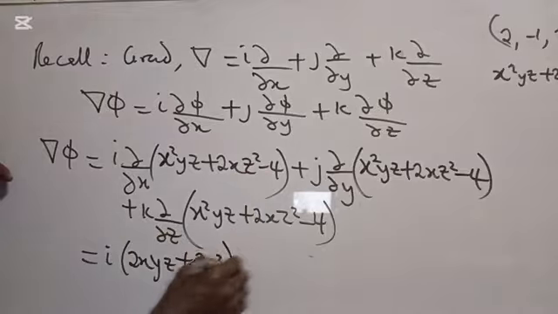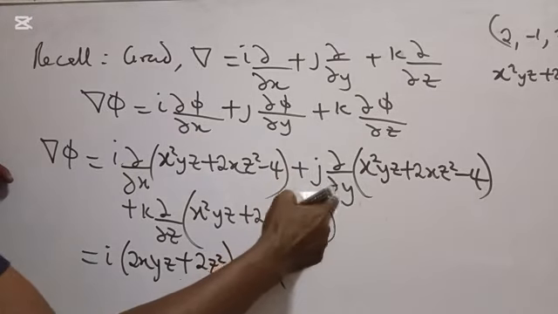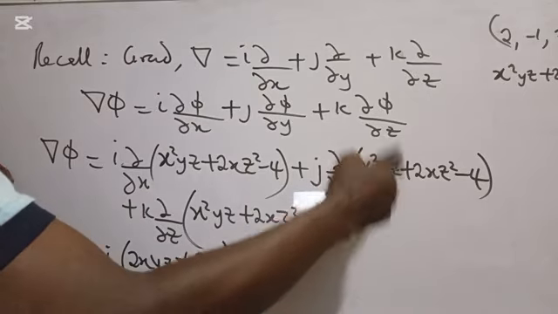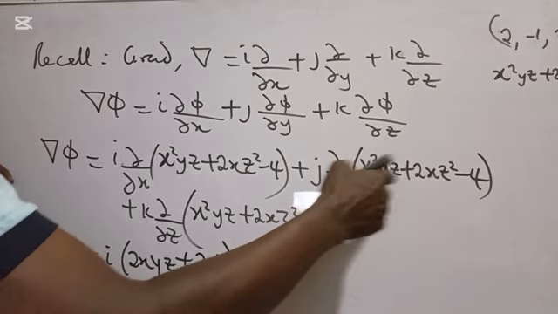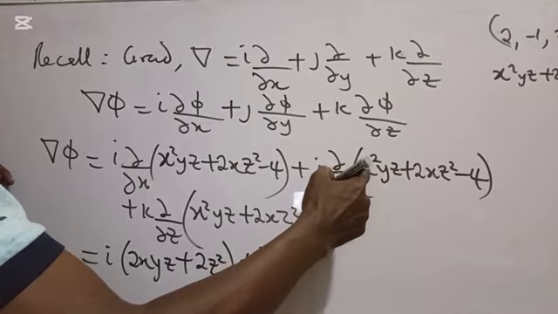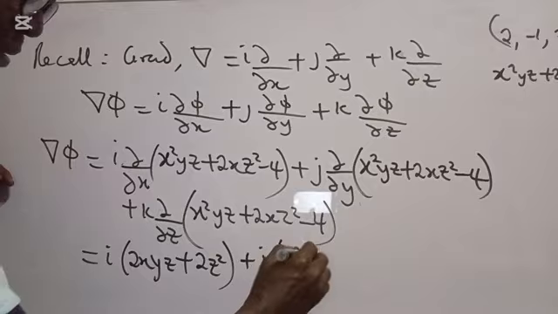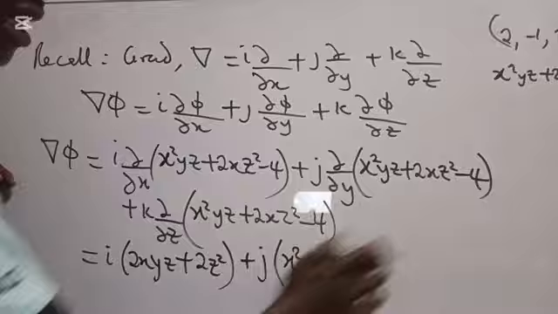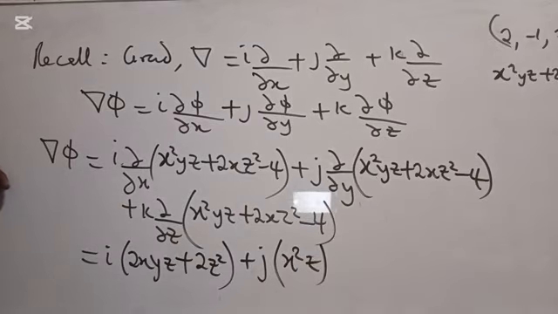Now plus j. I hope you are following. With respect to y, y will be 1 here because y is raised to power 1. When you differentiate y here, multiply the remaining with x squared z, that is x squared z. Any y again? No, so every other thing here will be 0 because there's no y there.